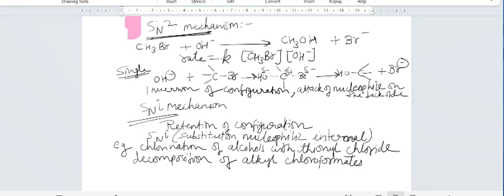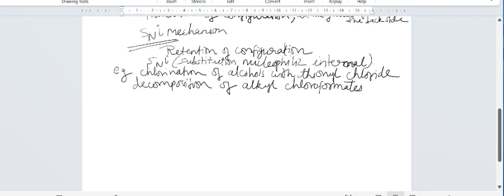Now, some reactions show how the SNi mechanism takes place. Let us take the example of an alcohol in which the carbon has two alkyl groups attached to it, R and R dash, and it is reacting with thionyl chloride, SOCl2.